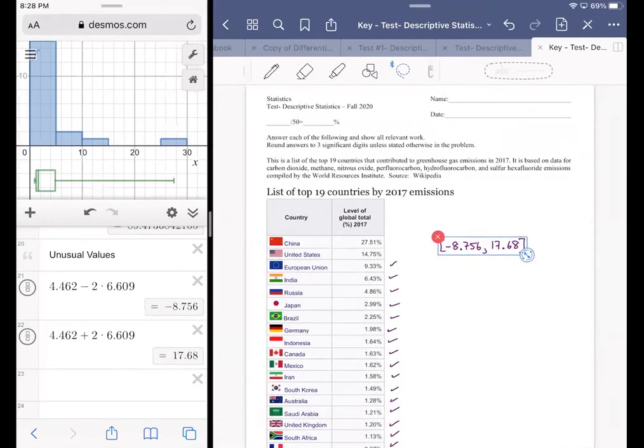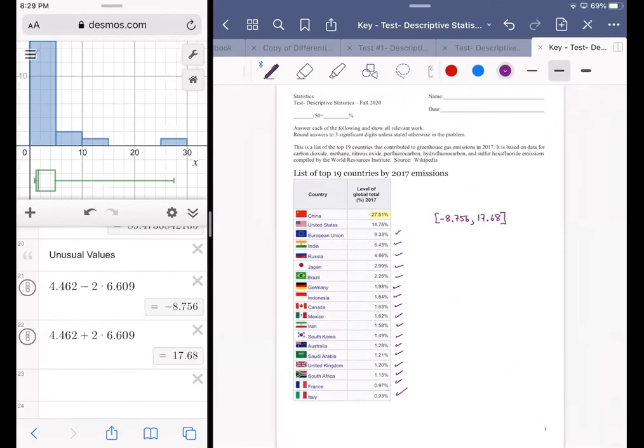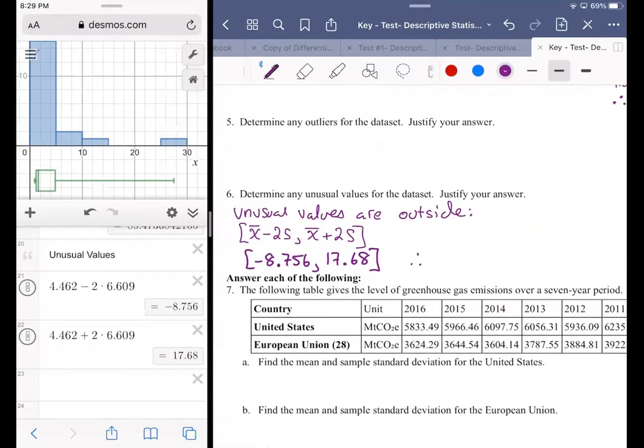Well, it looks like the only value that is outside the interval here is China at 27.51. So for the global emissions, the only unusual value would be the 27.51%.